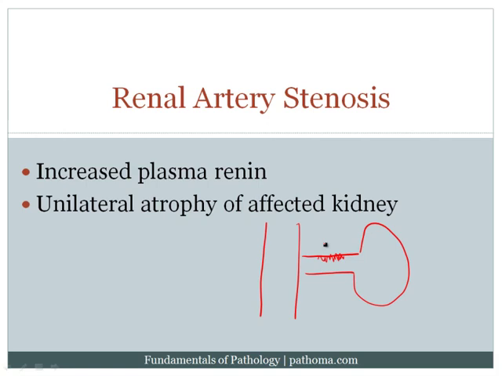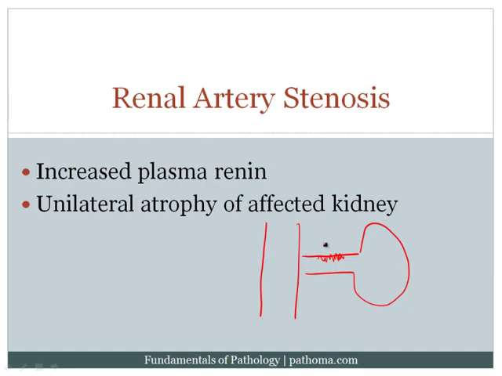Number one, it directly contracts arteriolar smooth muscle, so that increases the peripheral resistance. That's the first way by which it raises blood pressure. The second thing that angiotensin 2 does is promote adrenal release of aldosterone. Aldosterone then goes to the distal convoluted tubule, and it increases resorption of sodium.